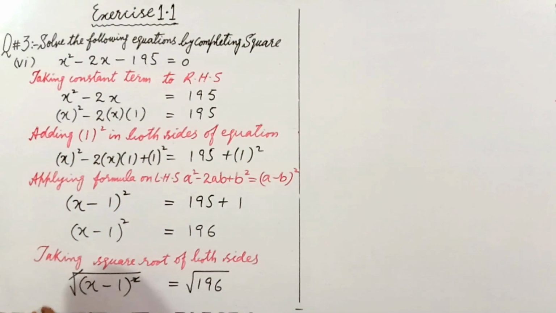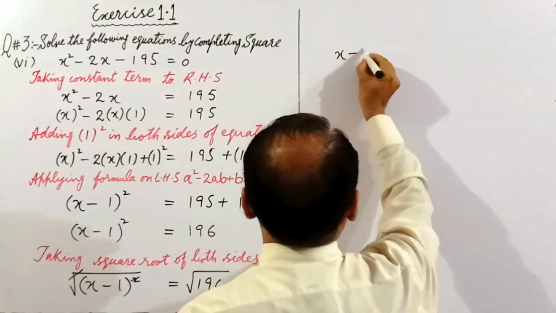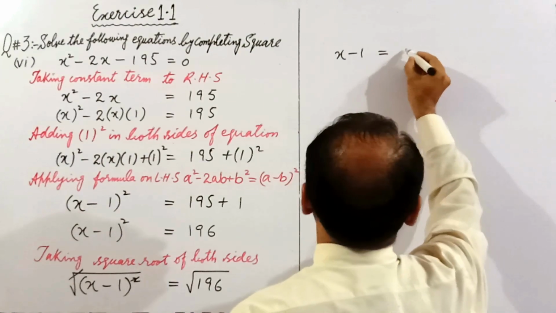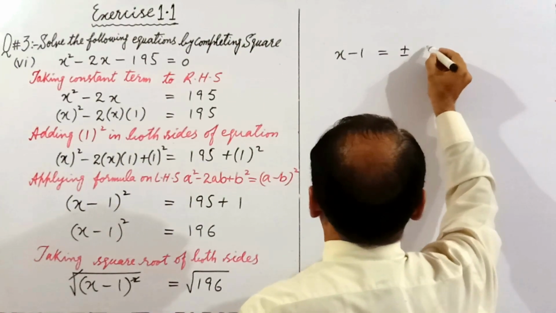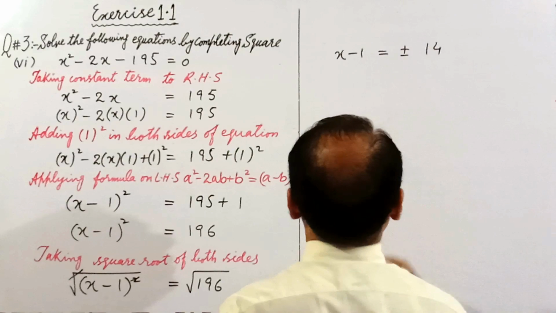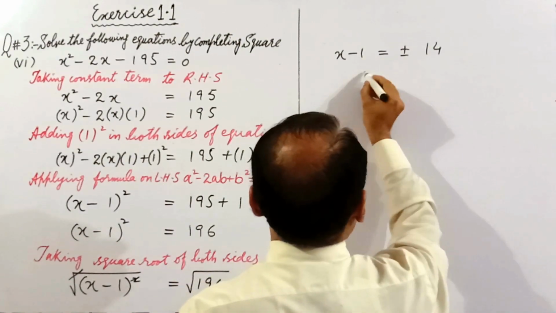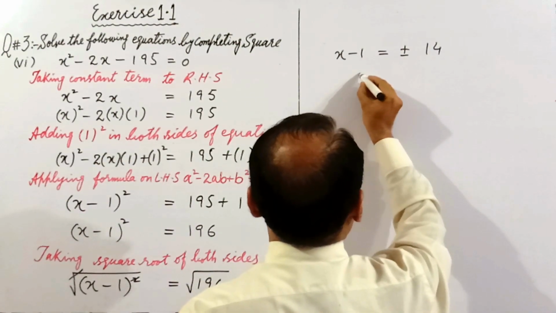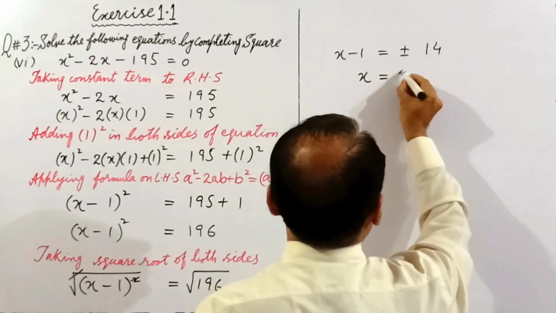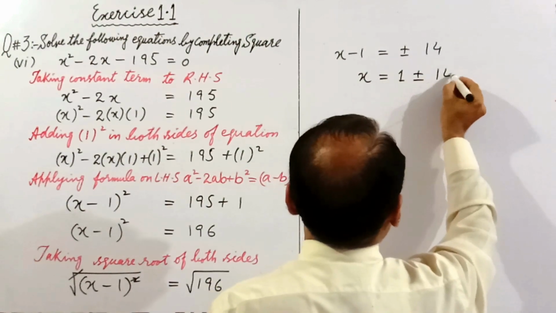Square is cancelled by square root. We have x minus 1 is equal to plus minus square root of 196 is 14. So minus 1 is taken to the right hand side to get the value of x. We have 1 plus minus 14.